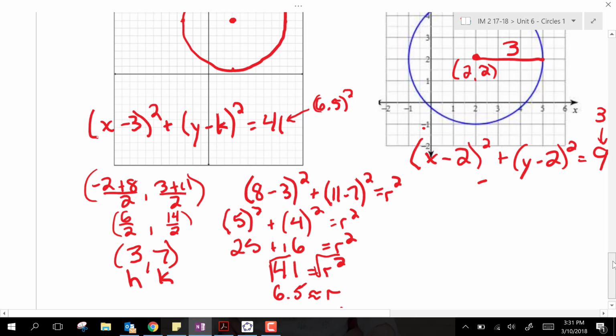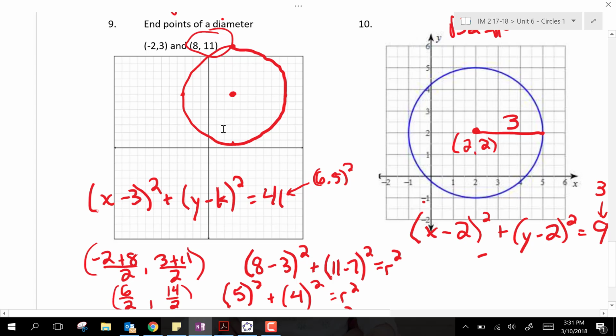So for graphing, we have to go 3 to the right and up 7 because that's our center. And then from there we go 6 and a little bit, 6 and a little bit, 6 and a little bit.